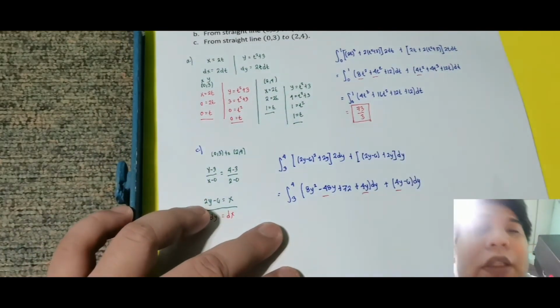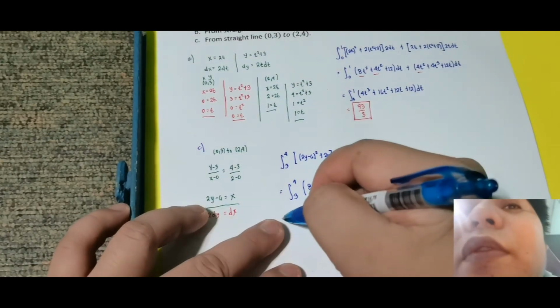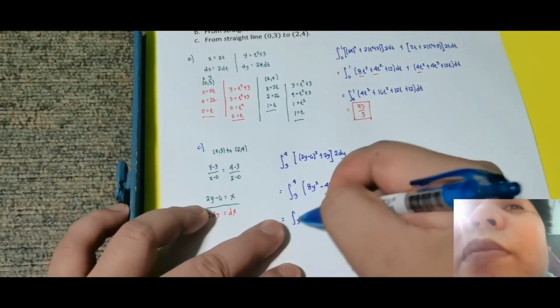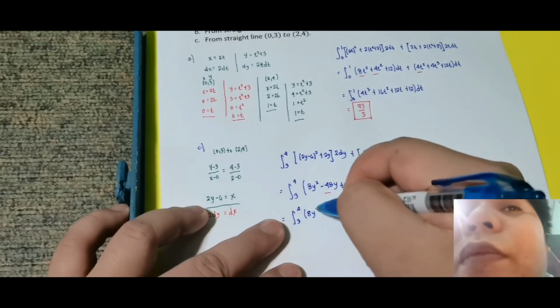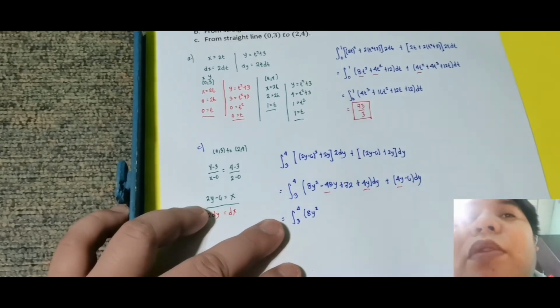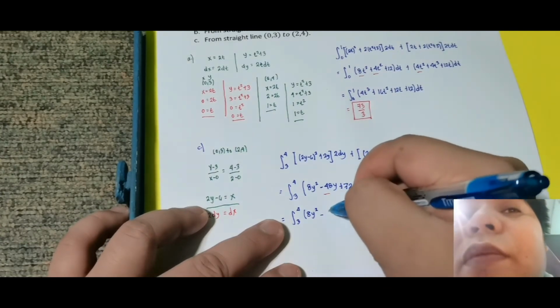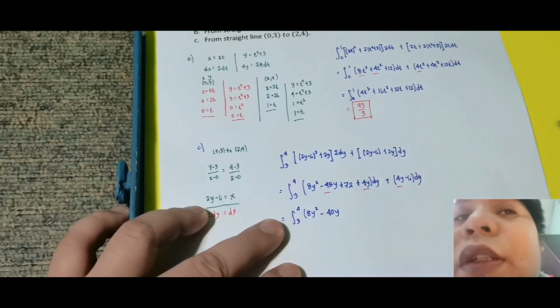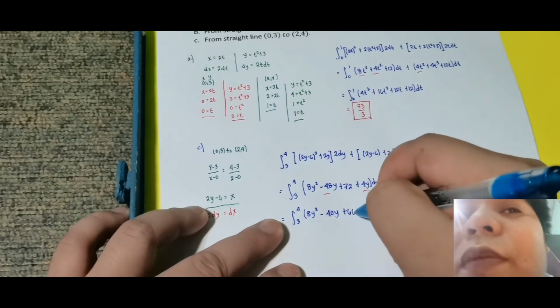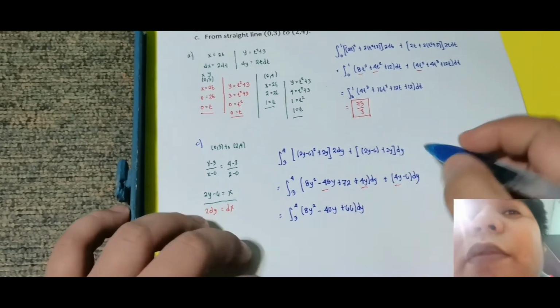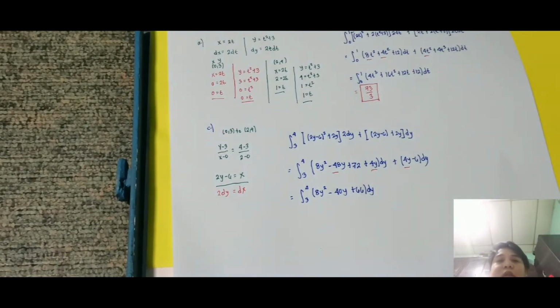So this equals the integral from 3 to 4 ng 8y squared, 48 plus 4, so that is negative 44y, wait, negative 40y. 72 plus negative 6, that is plus 66. Then this is dy. Okay, then integrate ko lang ulit.